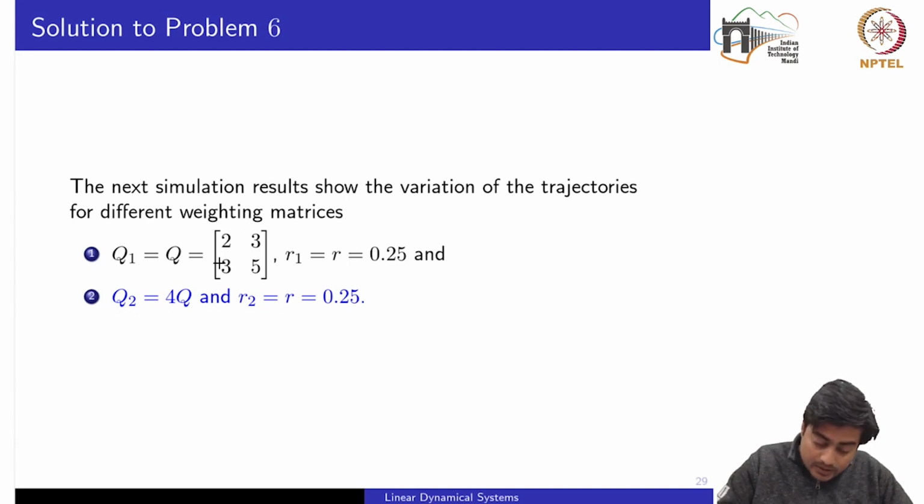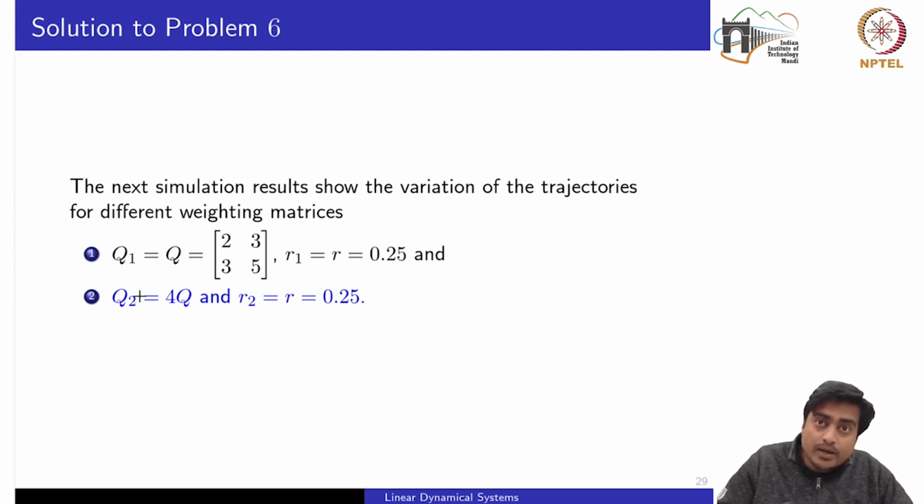So first of all, before seeing the simulation, you should understand what you are expected to see. If we go to the physical significance of this Q matrix and R, it defines the state weighing matrices. So if I increase this weight, which I am increasing in the second case, it means that I am expecting my state to go to 0 as fast as possible.